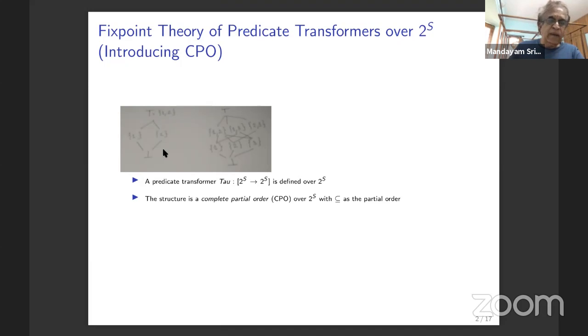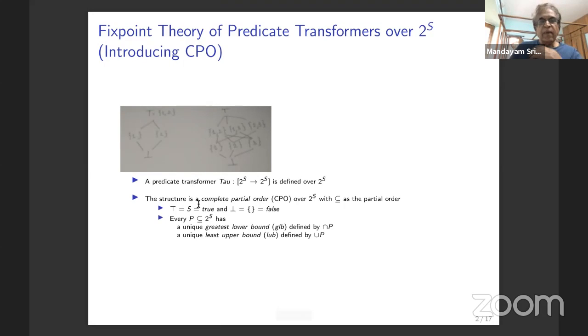And a complete partial order has a bottom, which represents the empty set, symbolically represented by the formula false, and the top element is the universe, the set of all states, which is represented as true.